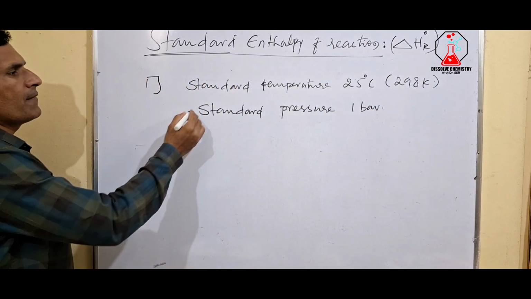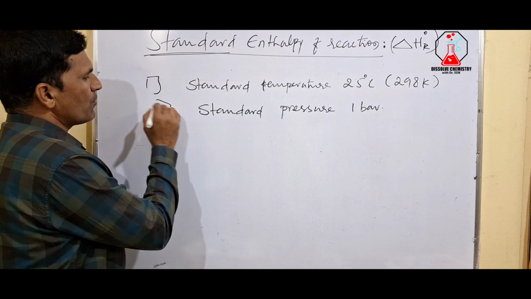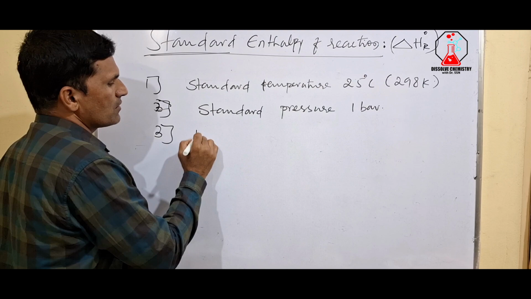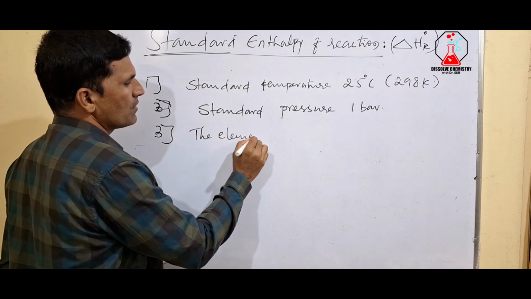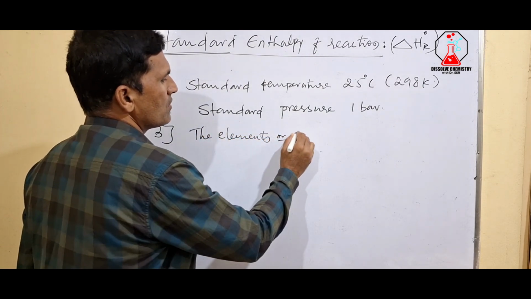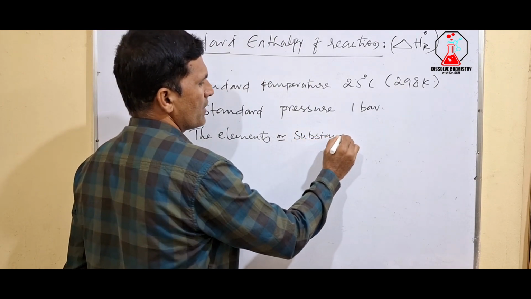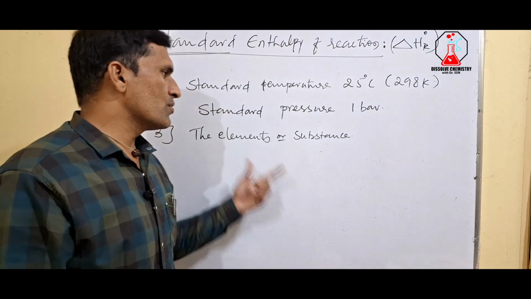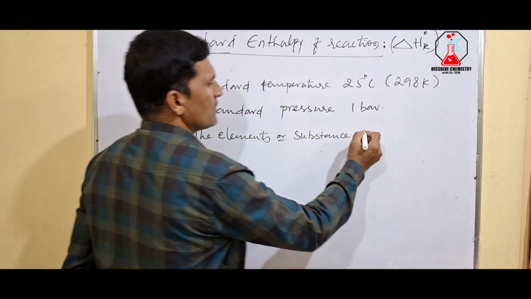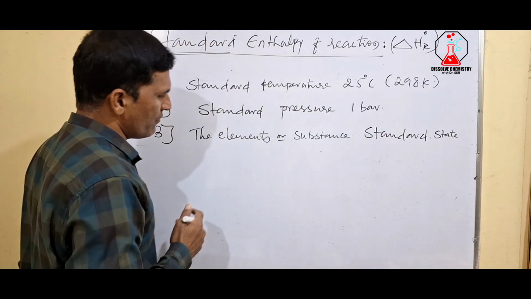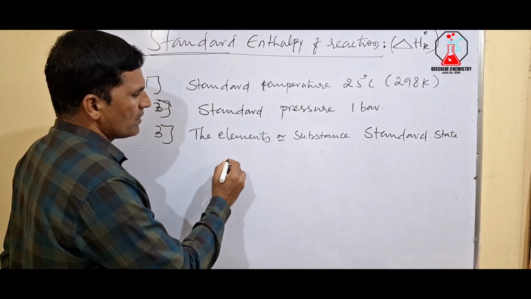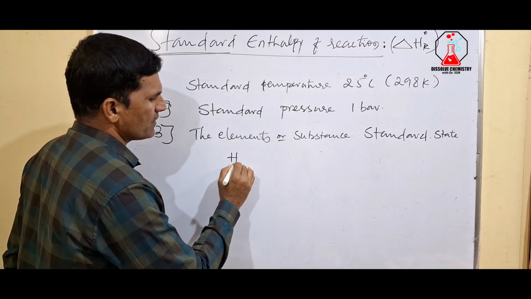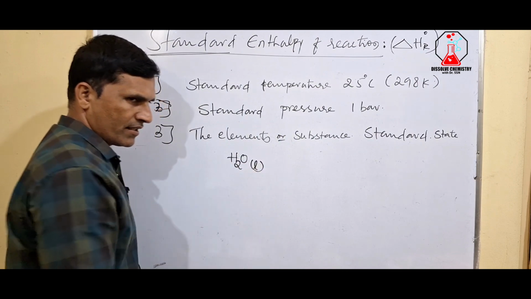Okay. And apart from this, the third important point is that the elements or substances, whatever you take, of which you are going to determine the enthalpies, should be present in their standard state. Say for example, the standard state of water at 25 degrees Celsius is H2O liquid water.